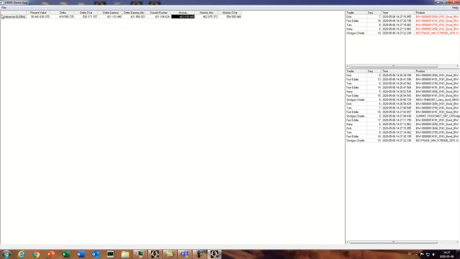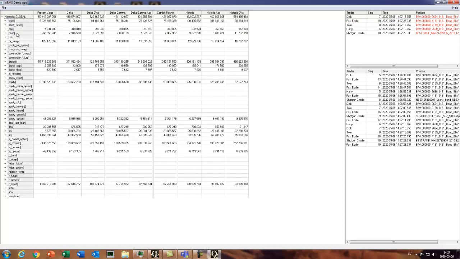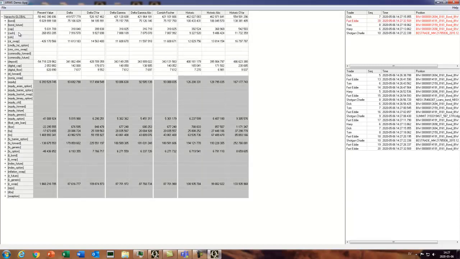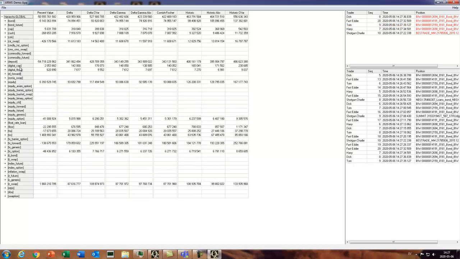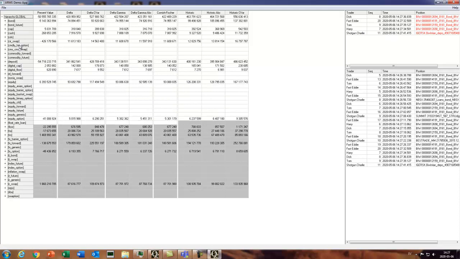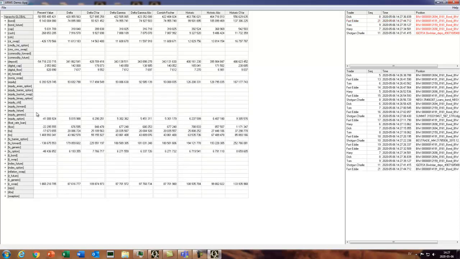And as we said, we now have 476,000 positions in these different position types. So we have a mix of derivatives, and we have some cash instruments and some swaps and some FX instruments.